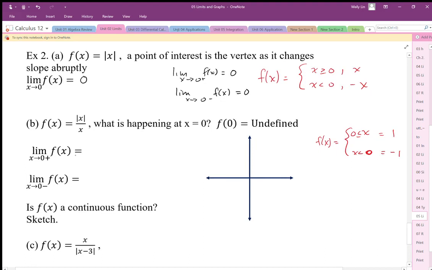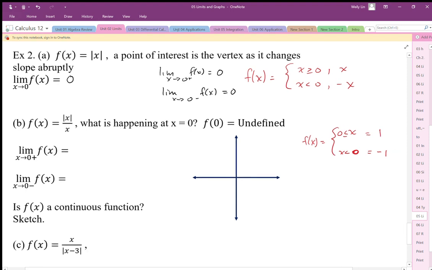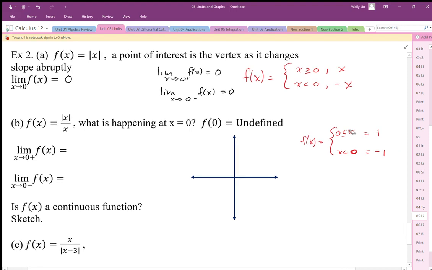So when we establish the limit, the limit as x goes to 0 from the positive side, we can use this part of the graph here, that the limit is equal to positive 1. And when it comes from the negative side, the graph's going to be equal to negative 1.